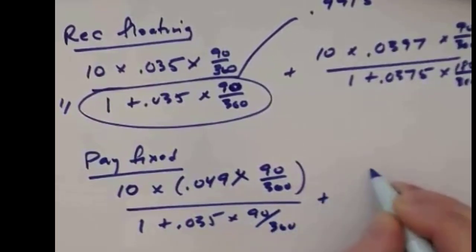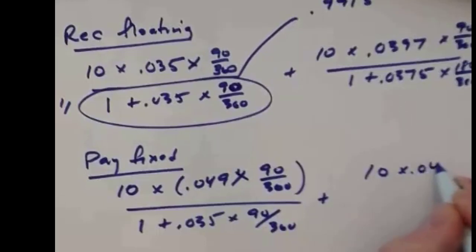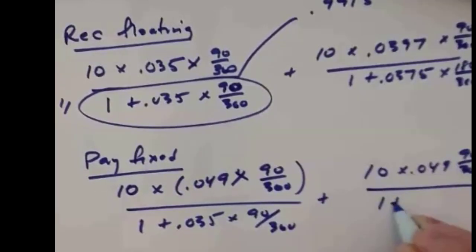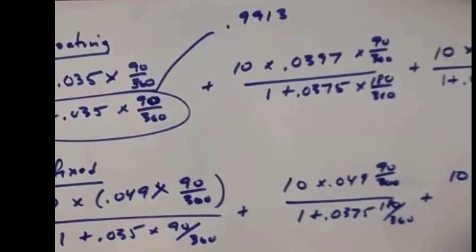Then we have to calculate the next fixed payment, discount it, and then the next fixed payment here.